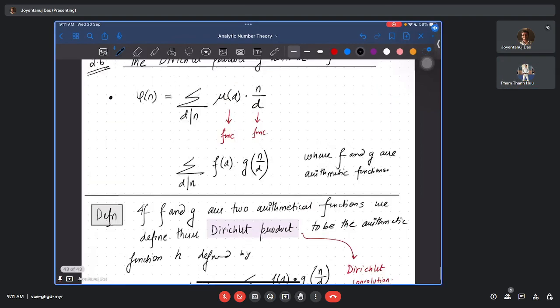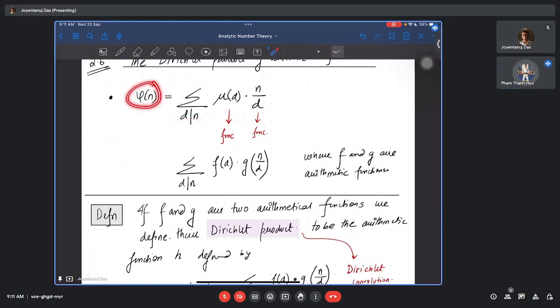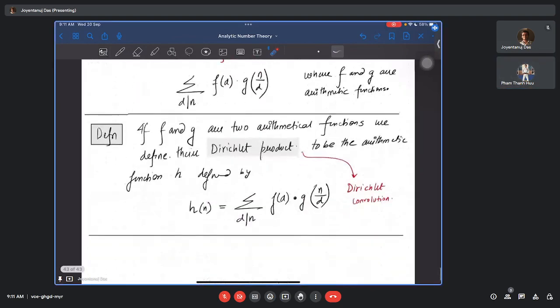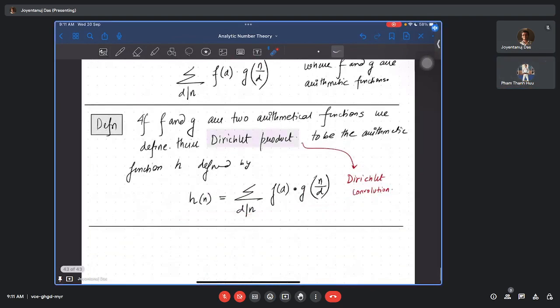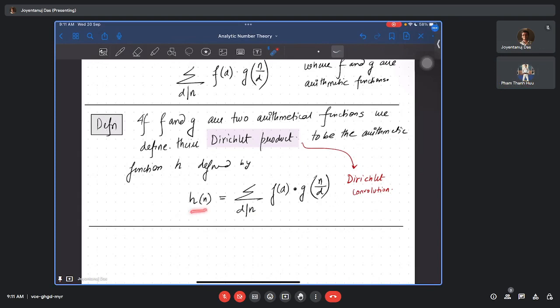For example, phi of n is an arithmetic function, and this is also an arithmetic function. So here we are giving the general definition: for any two functions f and g, I can define their Dirichlet product to be like this. It will be another arithmetic function. h is the Dirichlet product of these two functions, f and g.